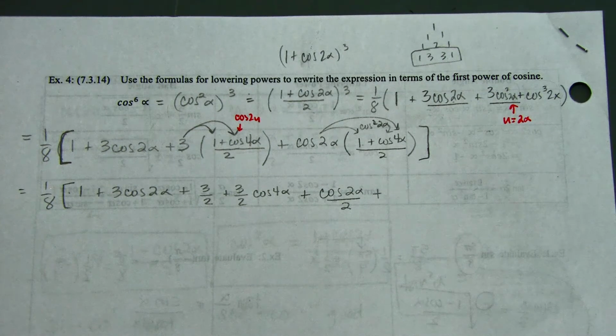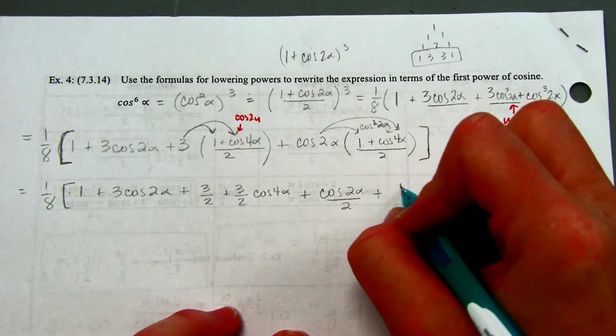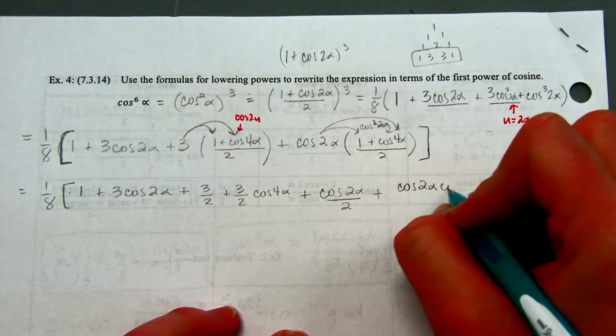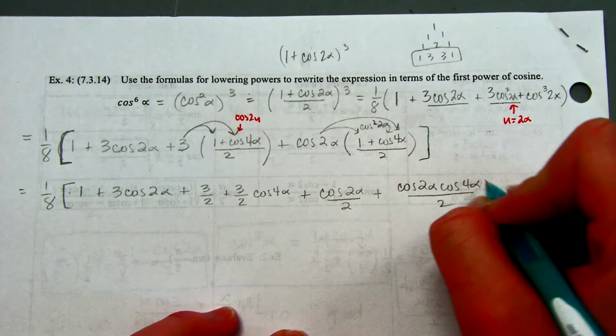No. If you have different angles, you are not allowed to combine them together, just like with exponents. Different bases, can you multiply them together? No. So you can't do this. So this just becomes cosine 2 alpha cosine 4 alpha all over 2.